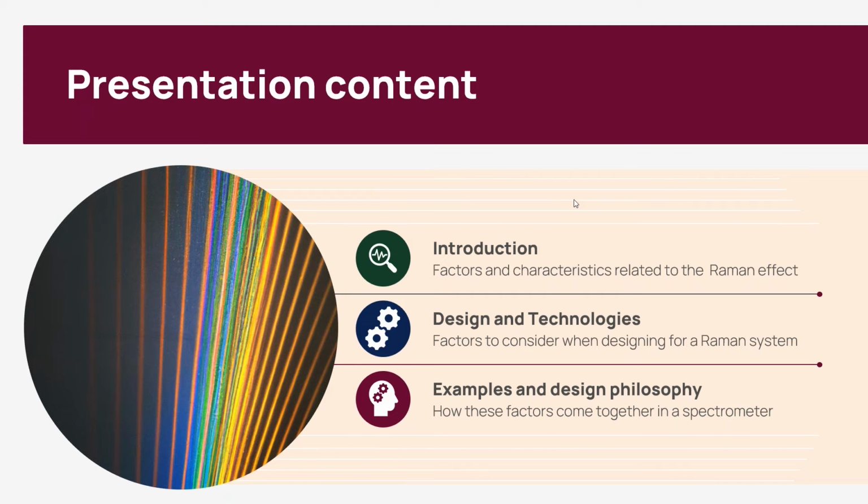Then we'll move into the main portion of the presentation, which is the design and the technologies that go into designing such a spectrometer, what factors to consider, what's important, when are they important, and so forth. And then we plan to conclude with some examples and different design philosophies, how we put all these things together into a coherent spectrometer design platform at the end of the day. So without further ado, I'll be jumping to the next slide.